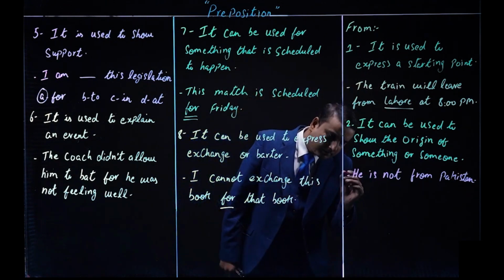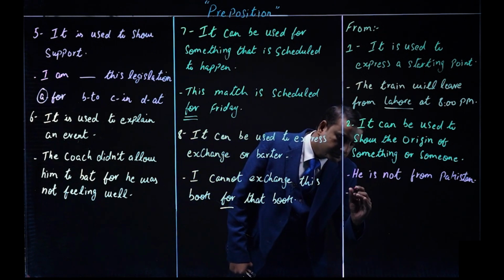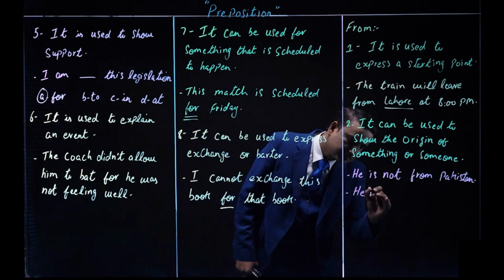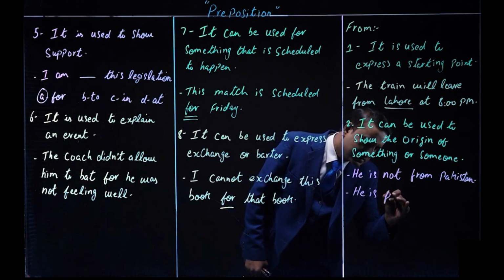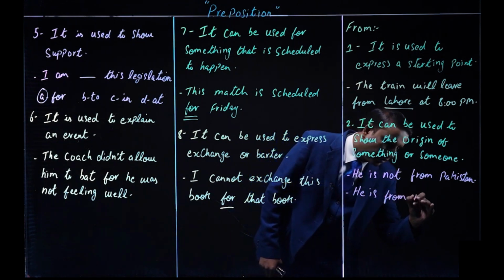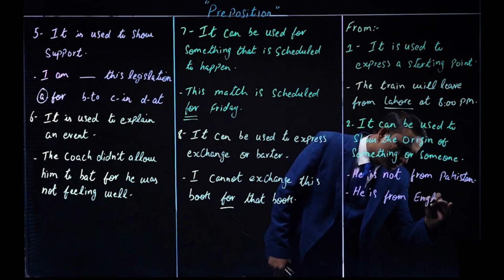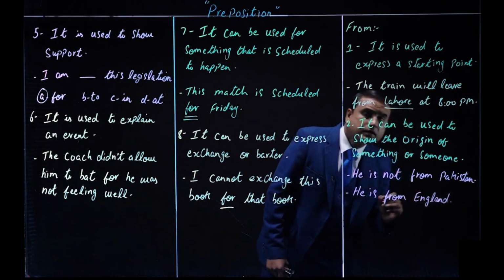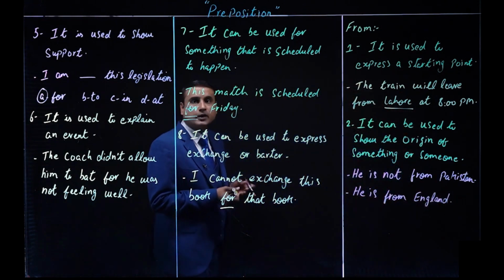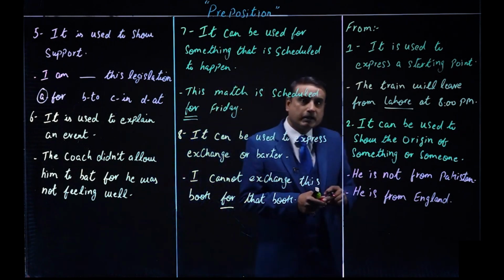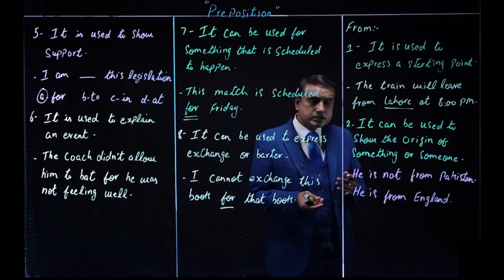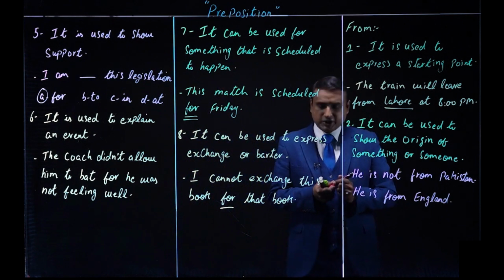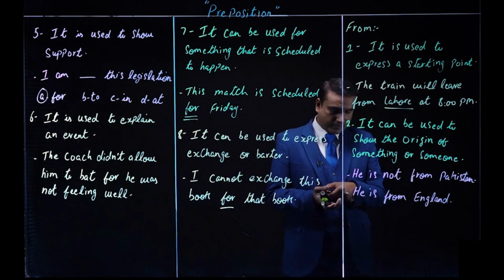In the same way, I can say he is from England. अब मैं क्या कह रहा हूँ कि उसका भाई वतन क्या है? उसका भाई वतन इंग्लैंड है. So this is how you can actually differentiate between the two.